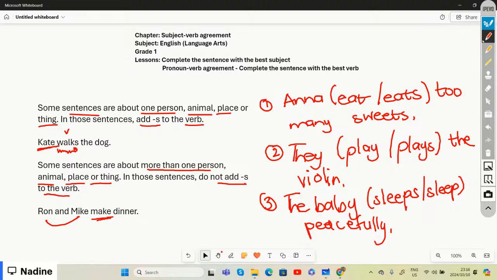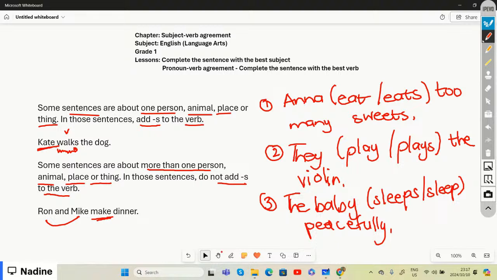And remember, we said that within our sentence, if we're talking about one person, one animal, one place, or one thing, then our verb ends with an s.